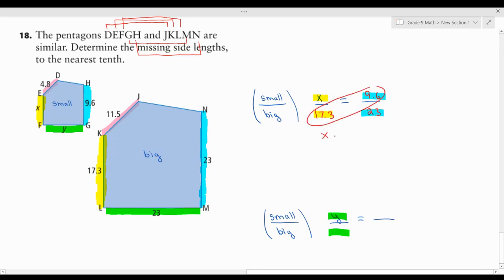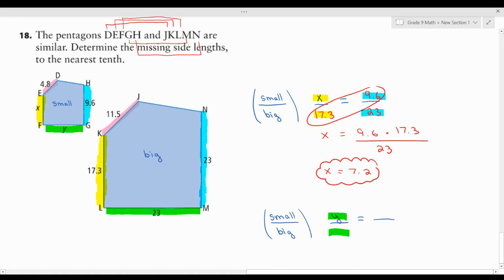We're going to cross multiply: 9.6 times 17.3, divided by 23. It says to the nearest tenth, so X would be 7.2.